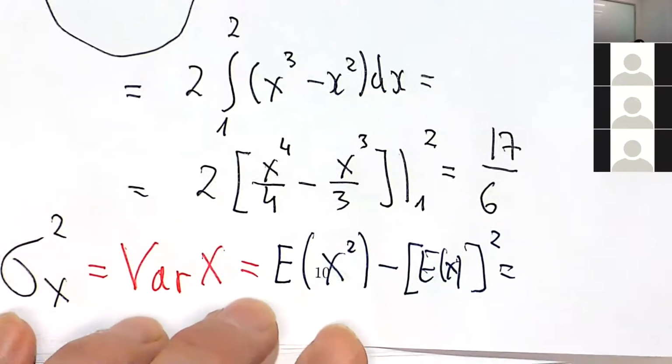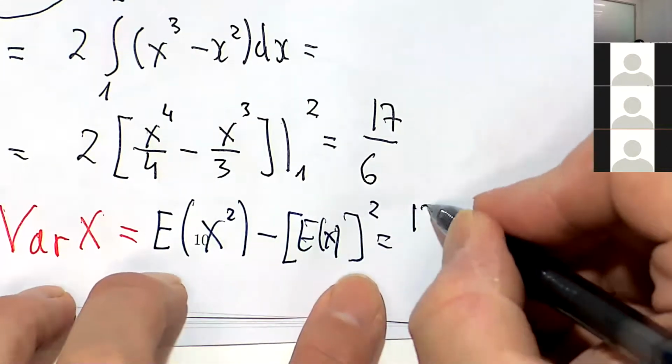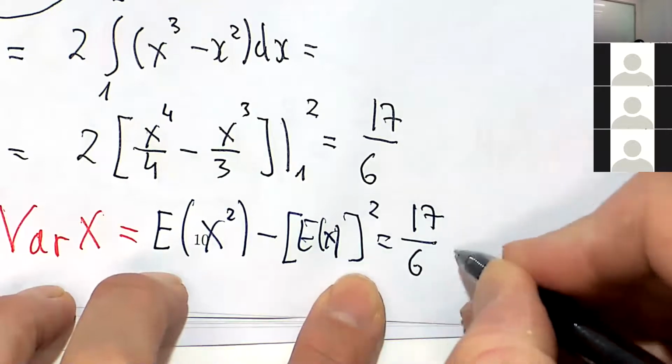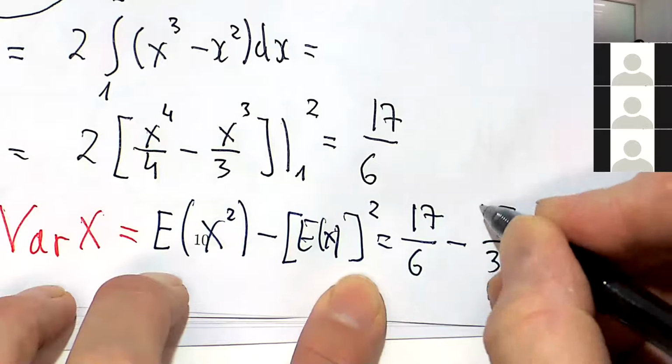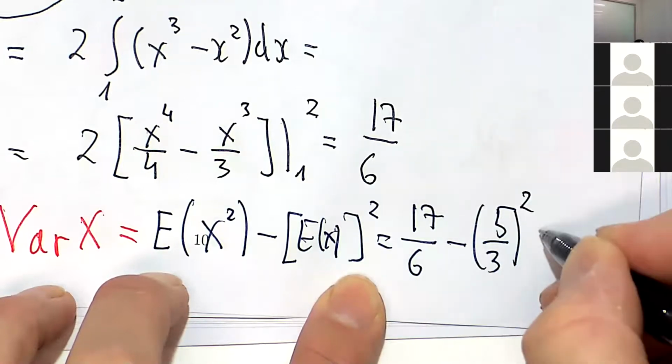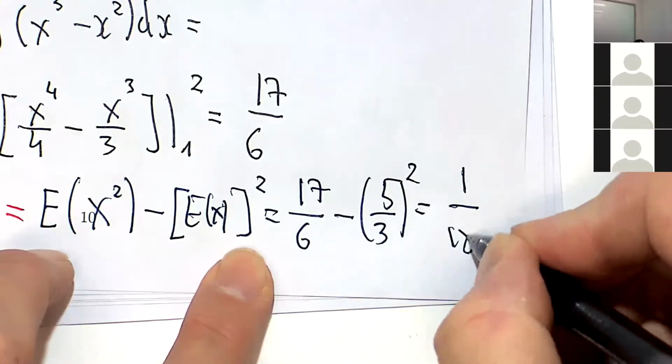This is the variance. Now this is 17 over 6 minus 5 over 3 squared, and finally this is 1 over 18.